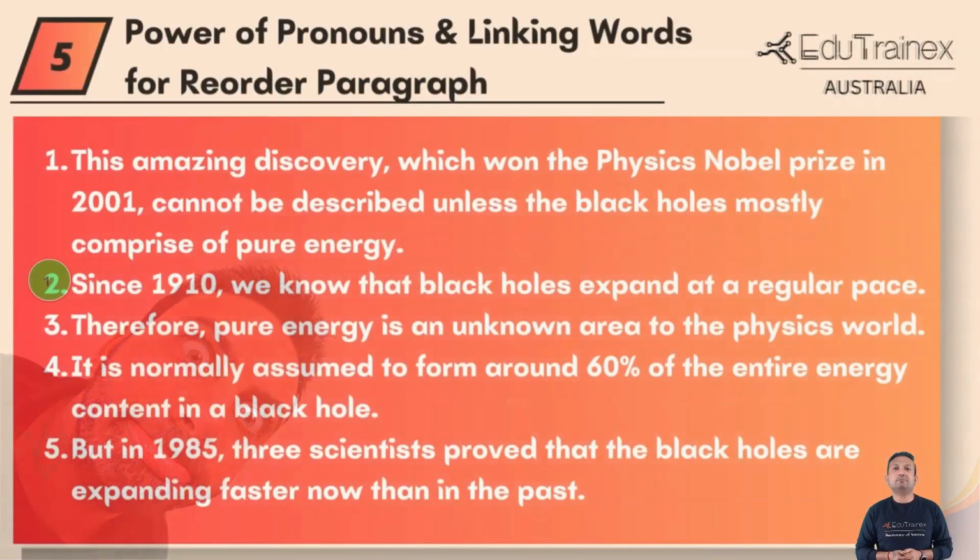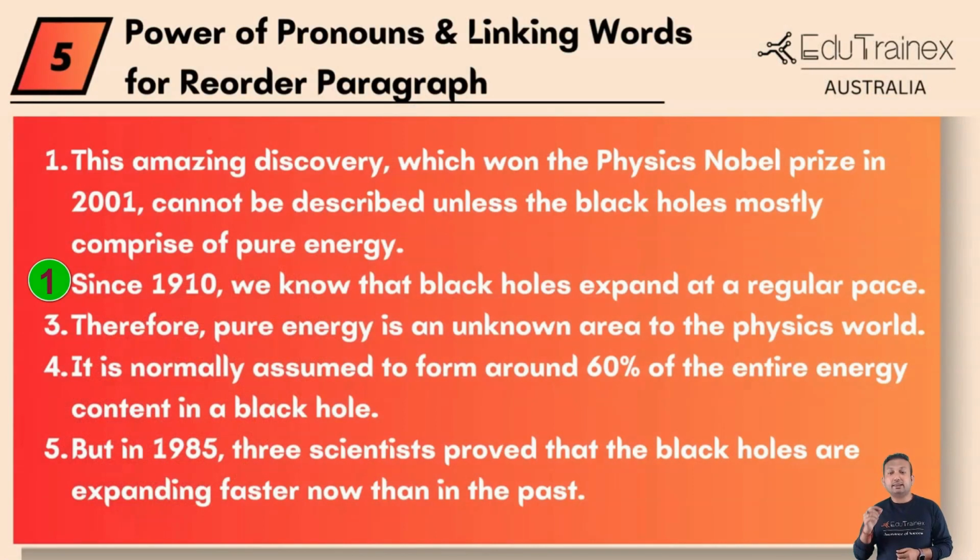Good. Let's focus. Look at the sentence 5. It says, but in 1985, 3 scientists proved that the black holes are expanding faster now than in the past. You see the connection? The first one said it expands at regular pace. And this one says that now they are expanding faster. So this will be the second in the sequence.